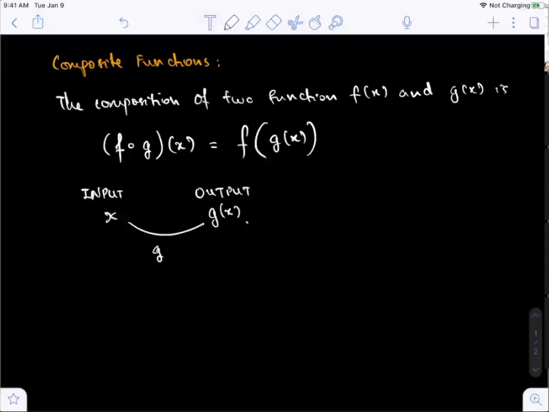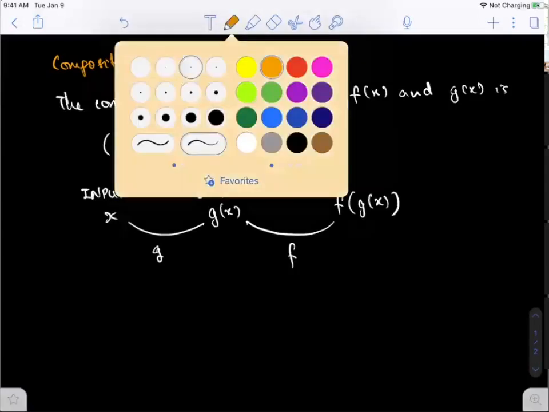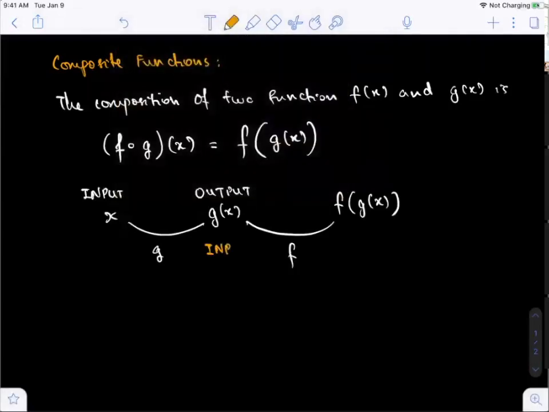Now g of x becomes an input for f, right? So f of g of x. I could say this is input and this is output. So functions within function. That's the idea behind composite functions. Start with one input, you calculate it for the output, and this output becomes a new input for the function f.